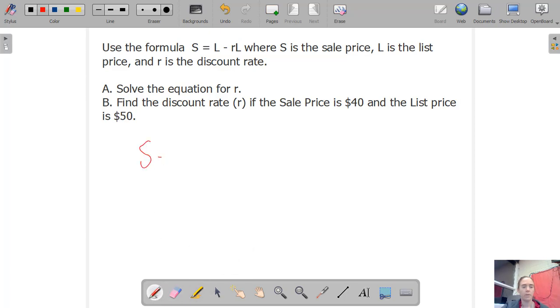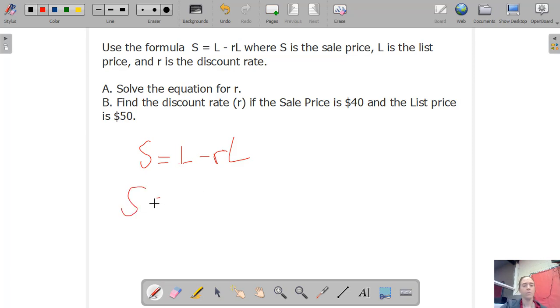Again, starting with my original equation, S equals L minus RL. Okay, and what you could also do is, because you have an L in both of these terms, you can do the distributive property backwards.